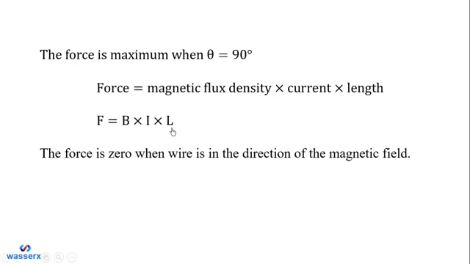So we are left with this relation when the force is maximum. Then the force is 0 when the wire is in the direction of the magnetic field, or is parallel to it.